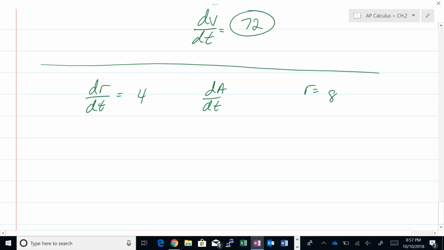Now, what formula relates area and radius together of a circle? Well, duh. Area equals pi r squared. So dA/dt is what I'm looking for. Derivative of that is 2 pi r dr/dt.